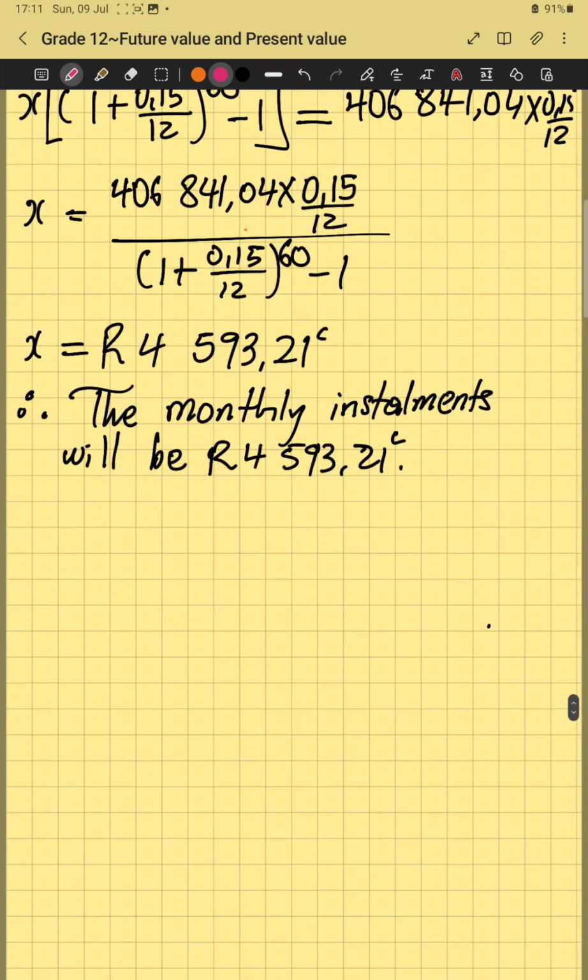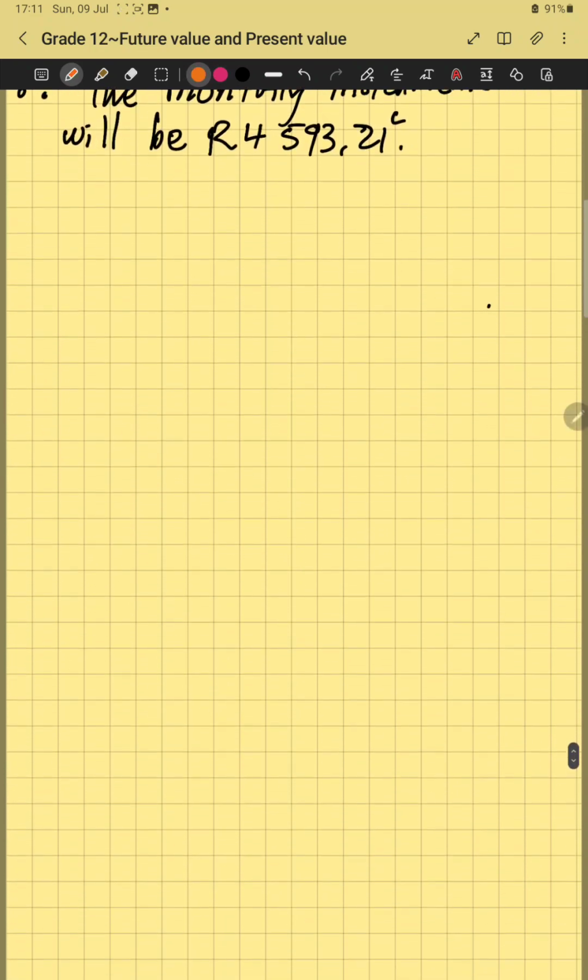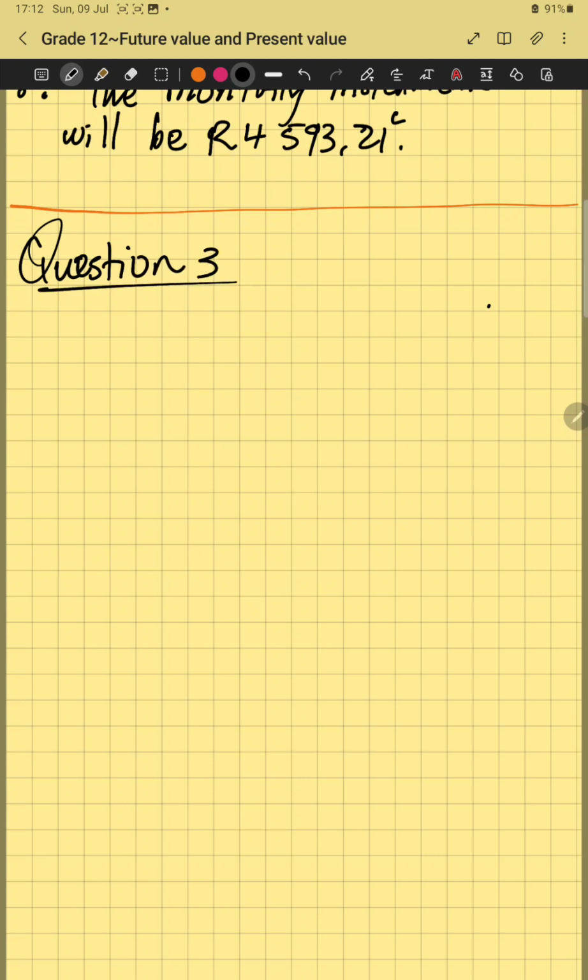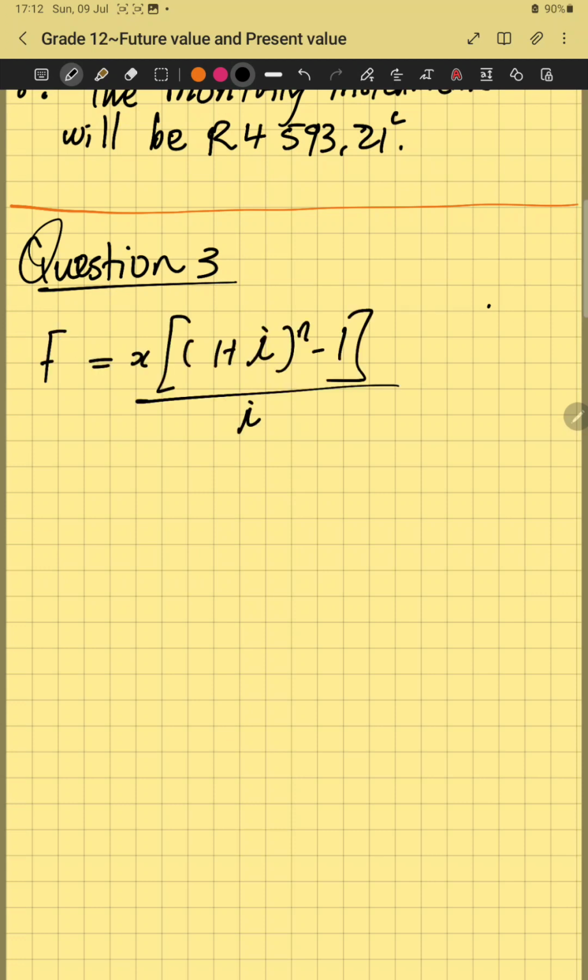And in question number 3, let me just underline here first. So in question 3, let me write the formula. Okay, this is the formula.